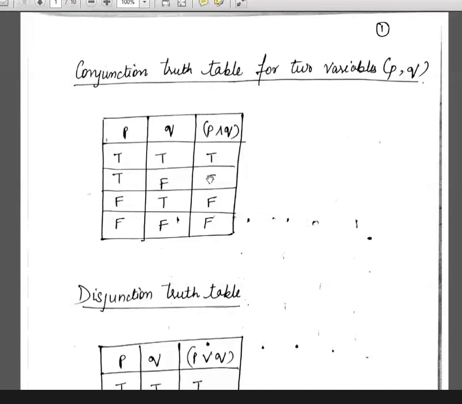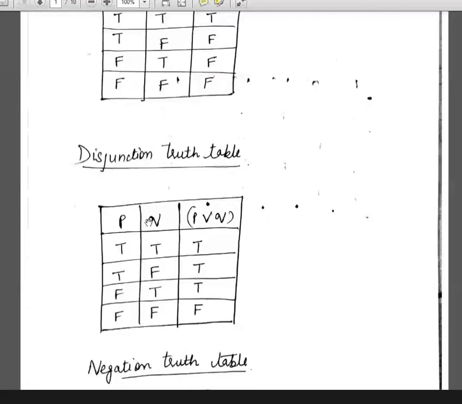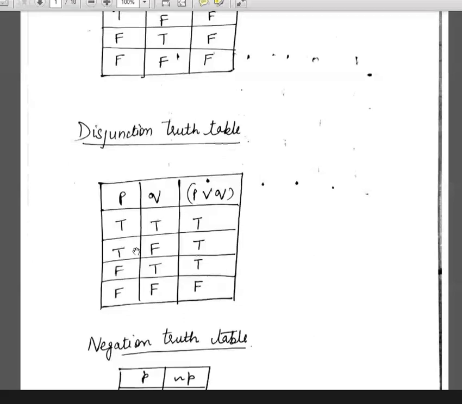Now this is disjunction. I already told you the verbal examples and mathematical logic, and this is the truth table for disjunction. What is the rule for disjunction? If any one is true, then the answer, the disjunction, is true.